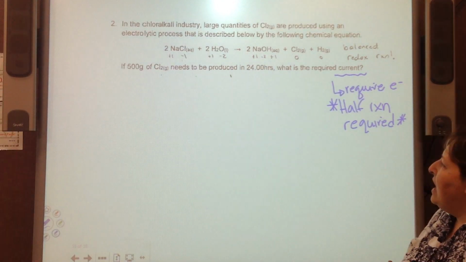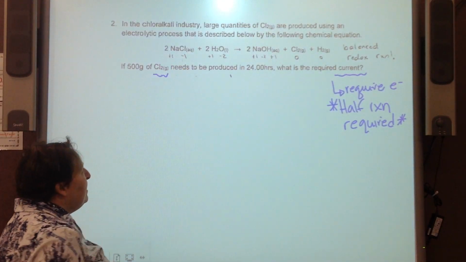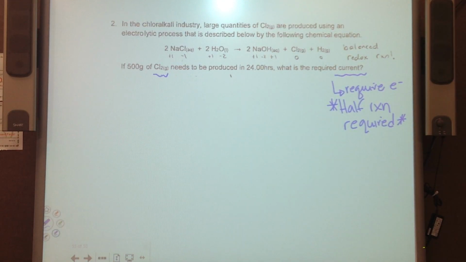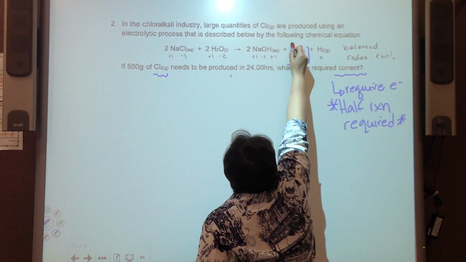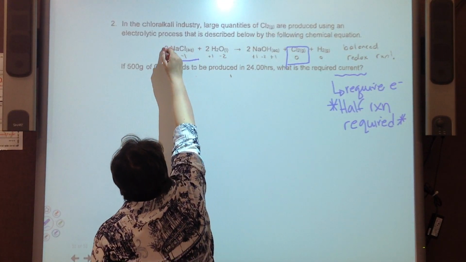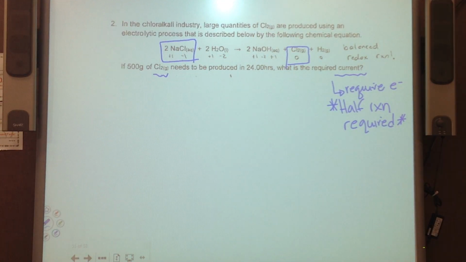And it's asking us specifically about chlorine. So when we look at our oxidation numbers to figure out which one is being reduced and which one is being oxidized, let's focus on chlorine. So it's going from a chloride ion to chlorine as a gas.